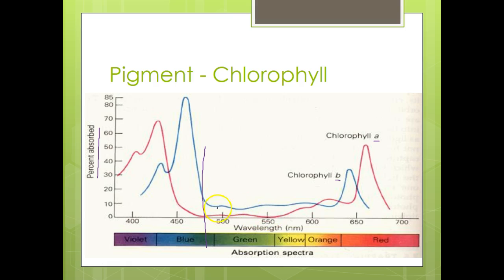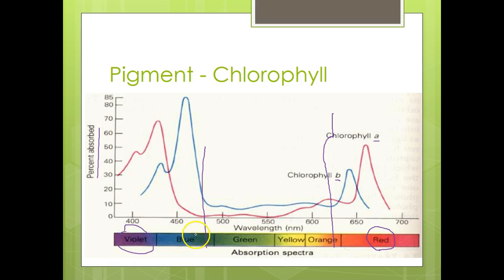Our chlorophylls are going to reflect our green, yellow, orange wavelengths, and as soon as you get to the orange and red, both chlorophyll B and chlorophyll A start absorbing that wavelength again. So chlorophyll A is in charge of absorbing red and violet.